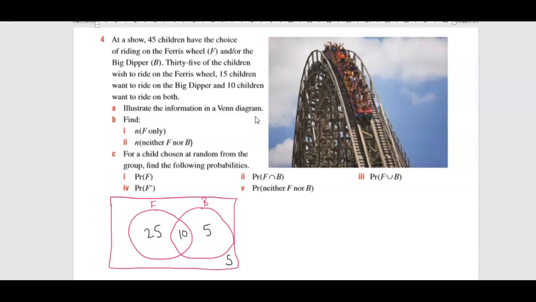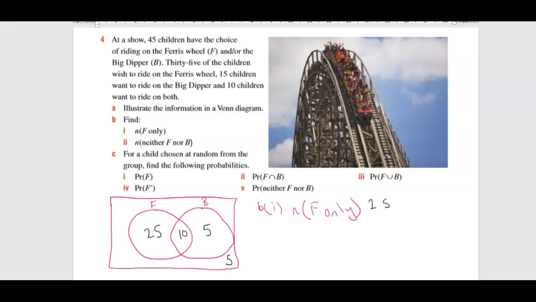Question A, illustrate a Venn diagram. B, find the number. See how in the notation here, we've got an N and PR. So N is the number. We're not finding the probability. We want the number of F only. So only F is 25.